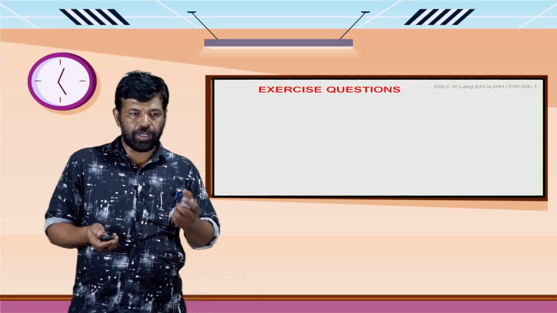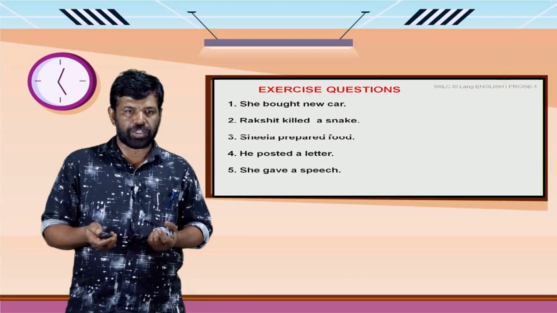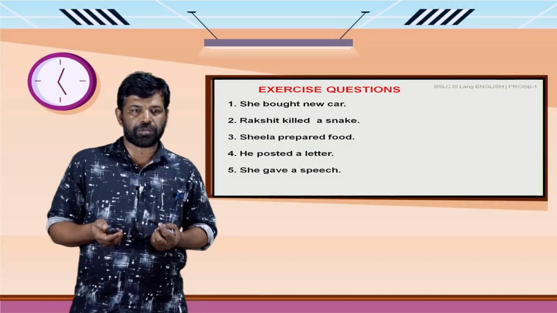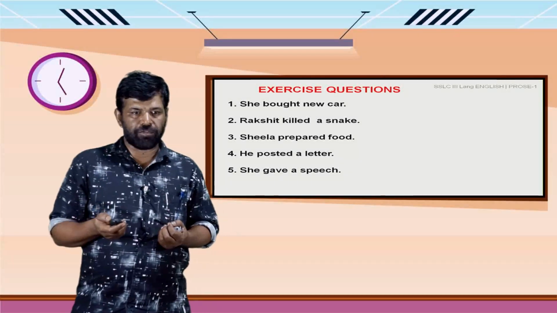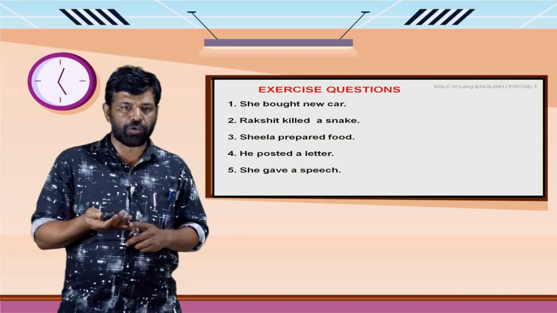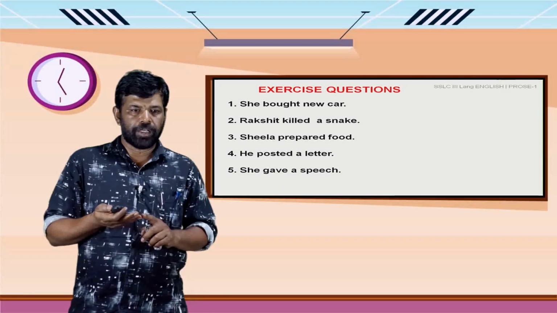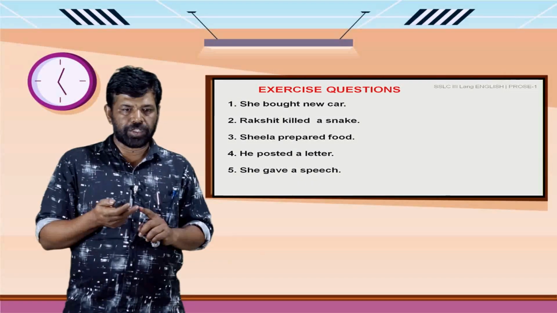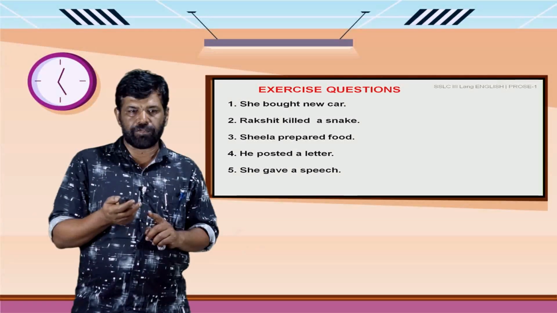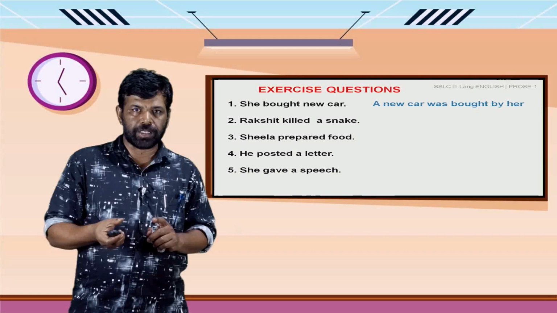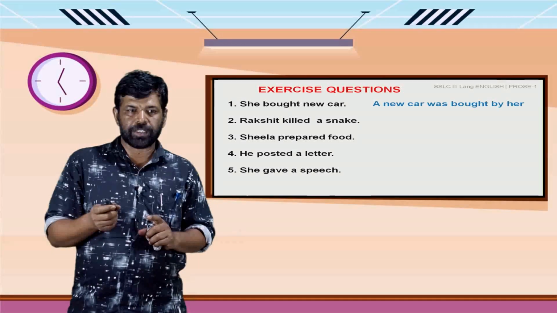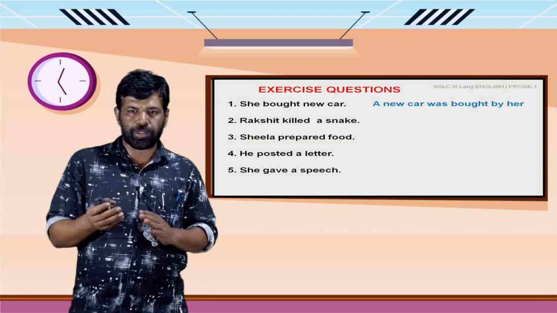And here we have some exercise questions which have come in your textbook. We have taken 5 examples here: She bought a new car, Rakshit killed a snake, Sheila prepared food, he posted a letter, she gave a speech. So these are the 5 sentences we have taken from the lesson. The first one is she bought a new car. What would be the answer?